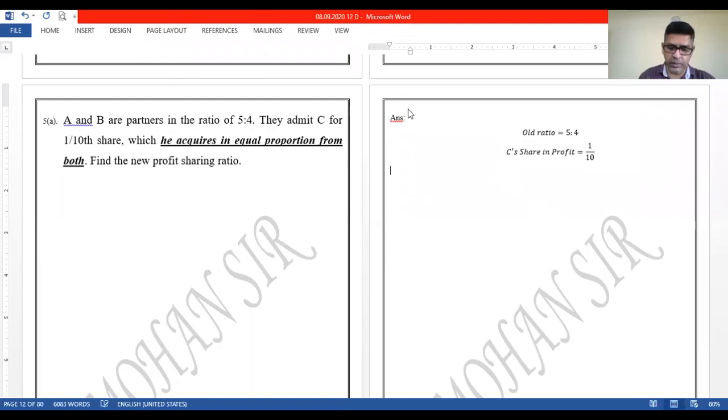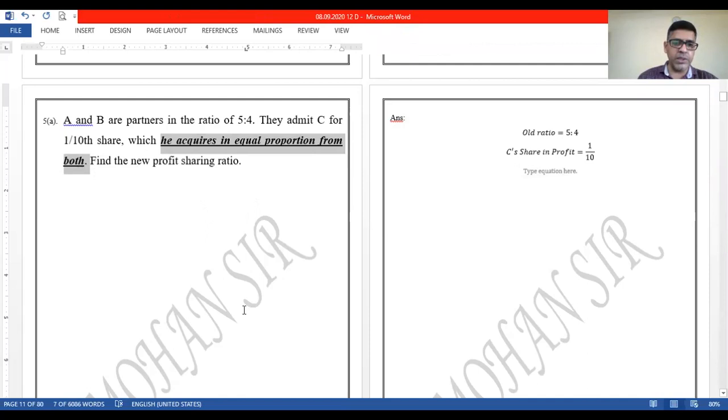Okay, and now point is, do I need to assume the total profit 1 over here? The answer is no. The reason is because we are given something for the sacrifice, which he acquires in equal proportion from both. C's share is how much? 1 by 10. Sacrifice is made by A and B.